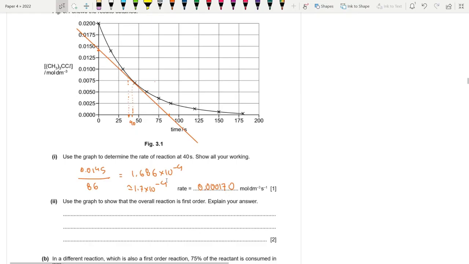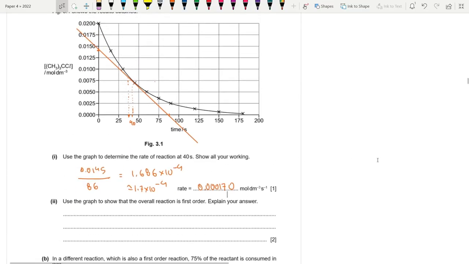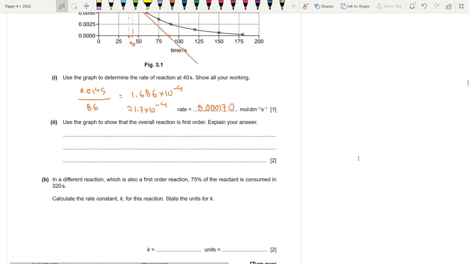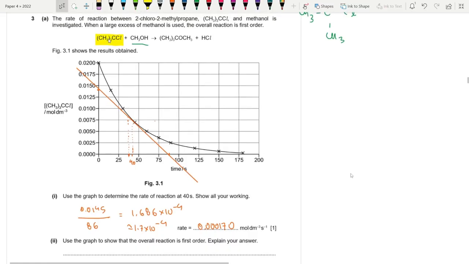If you got 1.6 into 10 power minus 4 or 1.8 into 10 power minus 4, you would still score full marks. Now, use the graph to show that the overall reaction is first order. We can use the half-lives to do that. The initial concentration is 0.02, half of it would be 0.01.